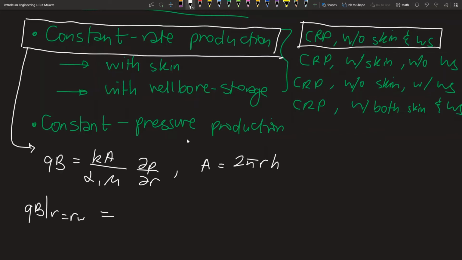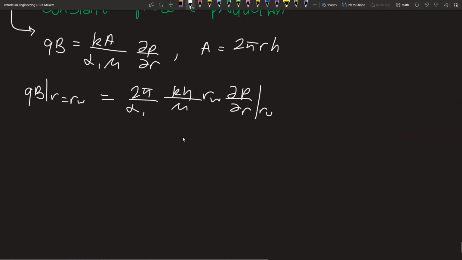So this can be rewritten as 2 pi over alpha 1 KH over mu R sub W dou P over dou R, and this is happening at RW. And alpha 1 is just a constant for conversion to field units.